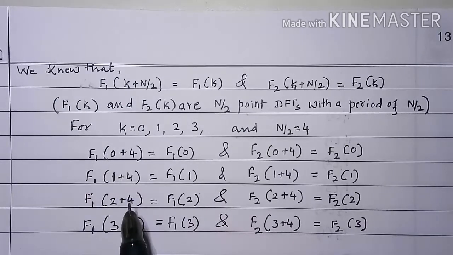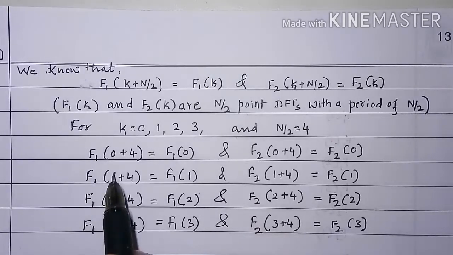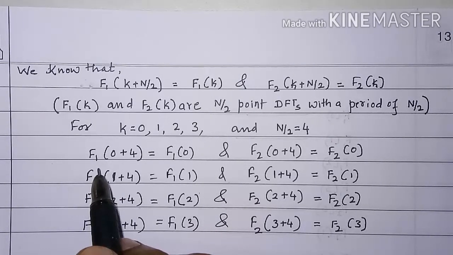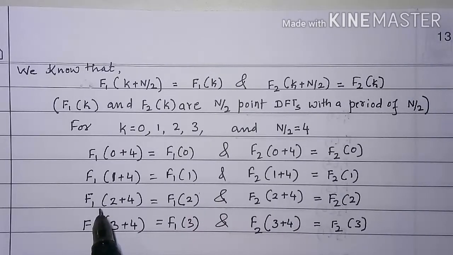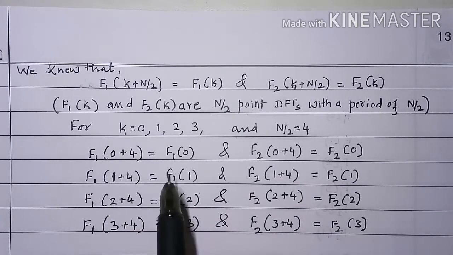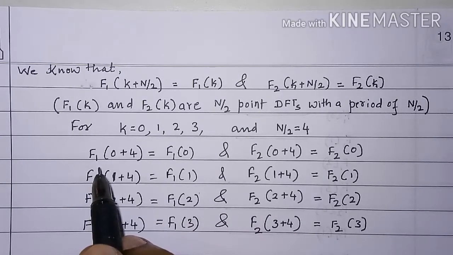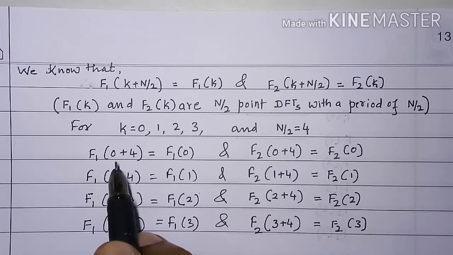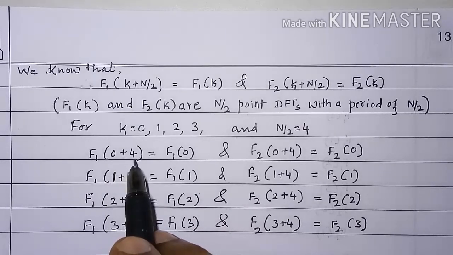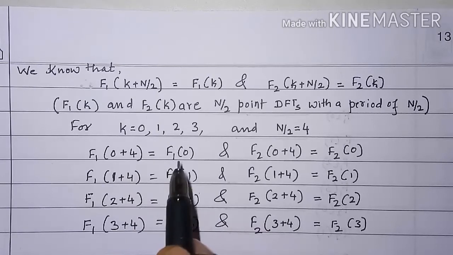For calculating X of 4, X of 5, X of 6 and X of 7, we will write by property of periodicity F1 of 0 plus 4 will be equal to F1 of 0 only.